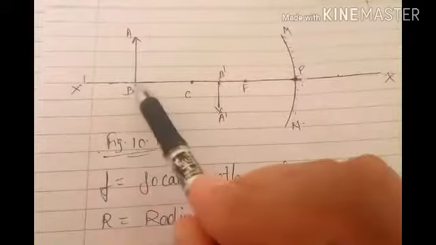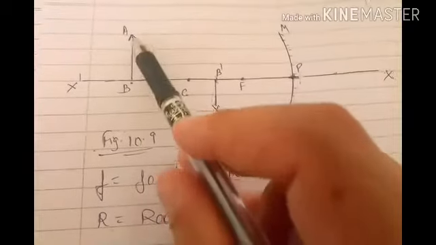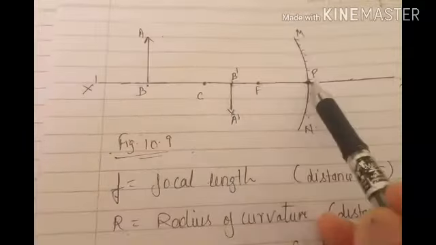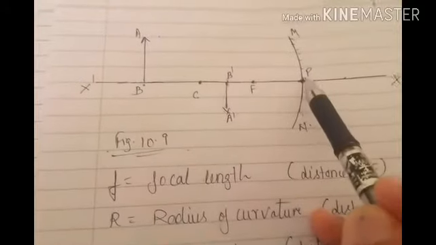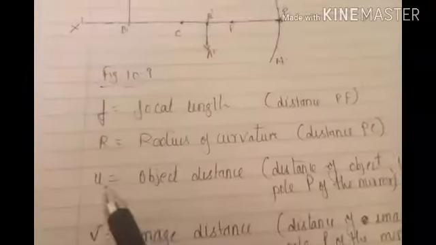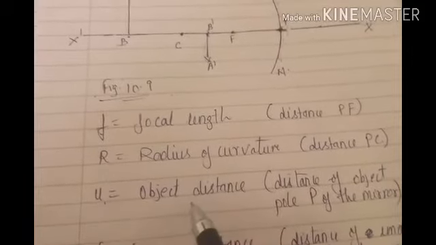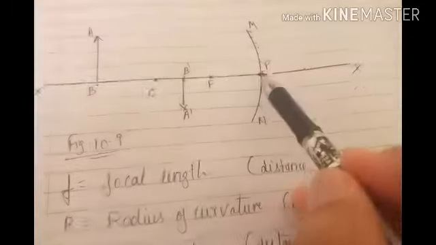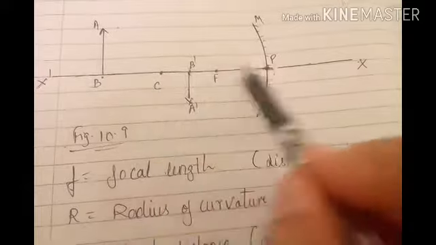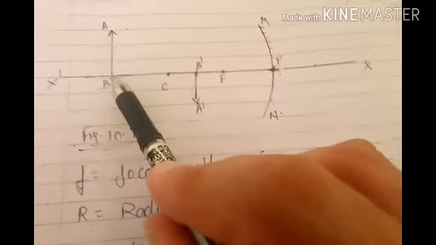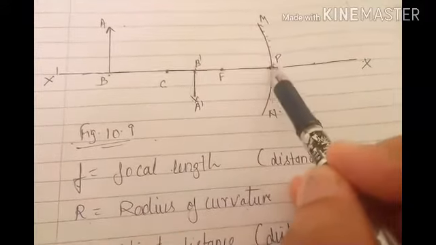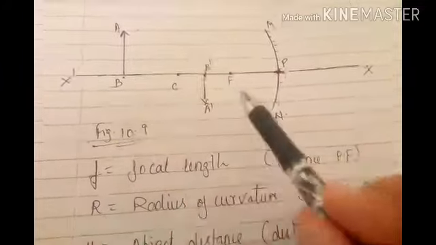What is this distance called? It is where the object is placed, so it is called the object distance. If you are told that it is 10 centimeter, then the object distance U is equal to minus 10 centimeter. Why? Because this distance is on the left hand side of the origin. So U will be equal to minus 10.